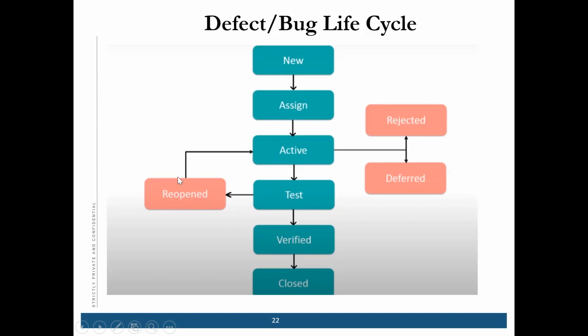You retest, reopen, and then make it active again. I have not told you about reject yet. If the bug is not valid, then you can reject it. The developer will inform that this is not an active bug. This is not a bug.